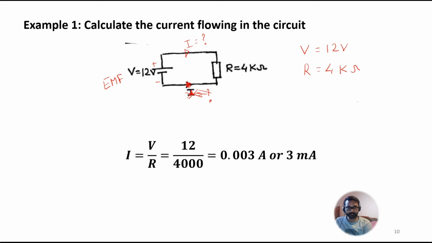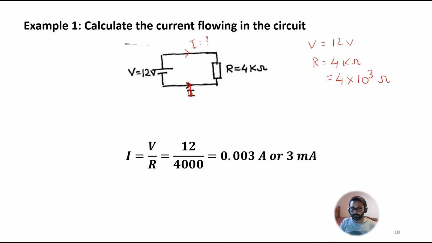Now if you look at these two values, one is in volts, another is in kilo ohms, right? So we have to convert this resistance into SI unit. It is in kilo ohms, so we'll have to convert it. So we have converted the units, right? And now we can apply Ohm's law.